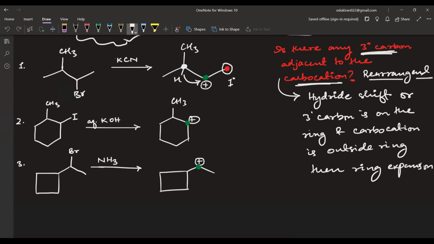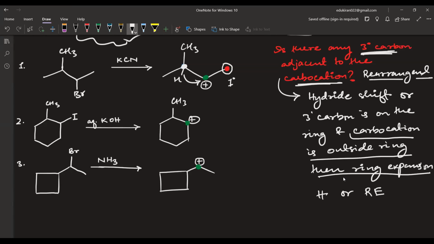But look at the second structure and tell me in the chat whether it will be hydride shift or ring expansion. We'll write H or Re. What you have to see is whether the carbocation is outside the ring. If the carbocation is outside the ring, then only ring expansion will happen.